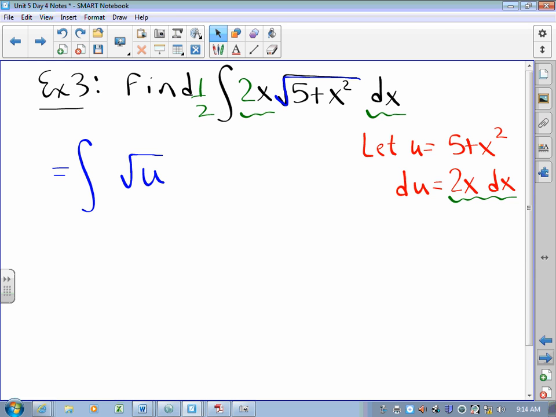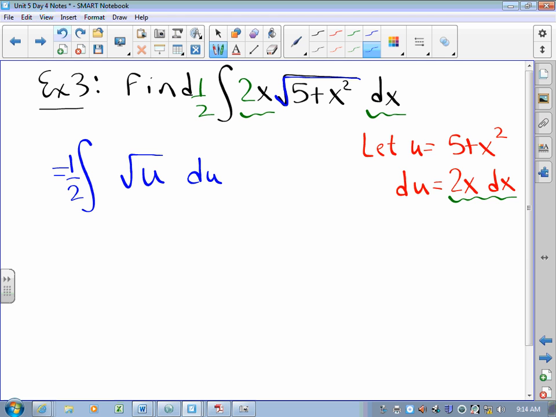And we multiply by 1 in such a way that this is part of the du that we need, and this balances that out. So the 2x dx gets replaced by du, and the 1/2, that's outside.